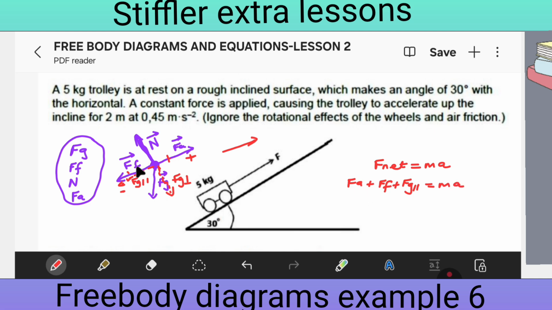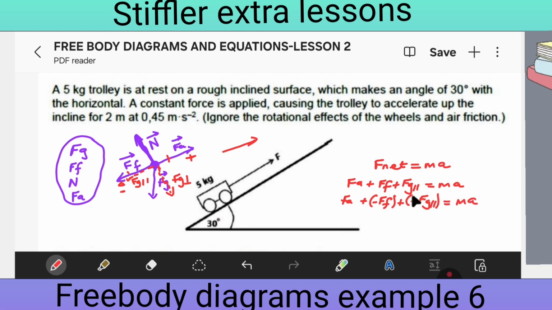But now these are in the opposite direction, so this becomes force applied plus minus frictional force plus minus Fg parallel becomes mass by acceleration.